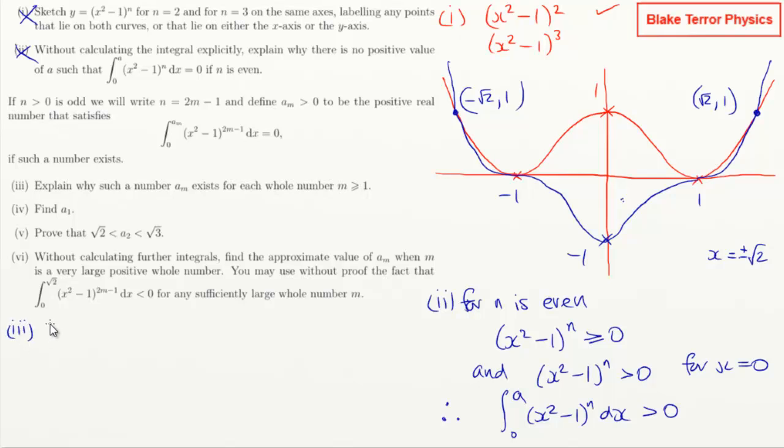Right, so more or less saying the same sort of thing but backwards compared to the previous part. For n odd, then we've got the integral from 0 to 1 of all of that stuff dx is, well, actually I was going to say equal, is less than 0, and the integral from 1 to a_m is greater than 0.